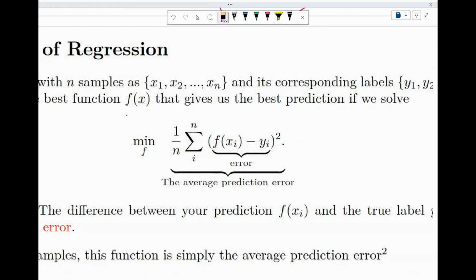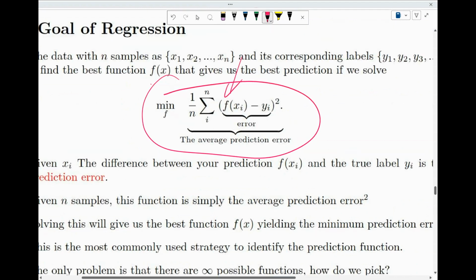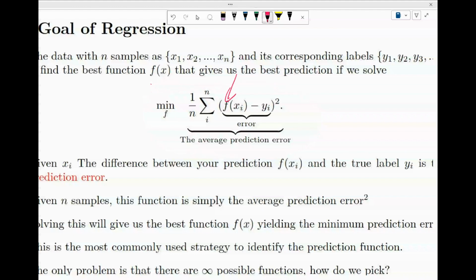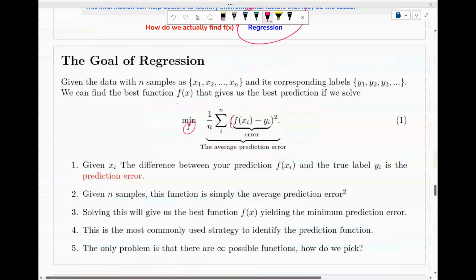Okay. Now, having this is not enough because there are infinite number of functions, right? So it's very, very difficult to find the function you're looking for. So to simplify this problem, instead of searching for a function, we basically perform some tricks.